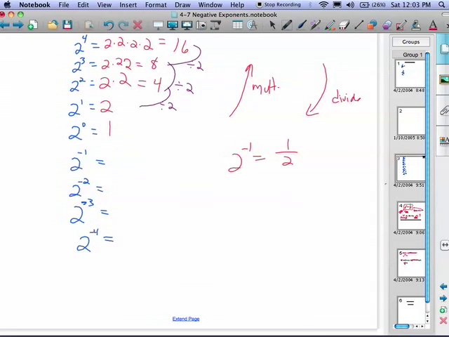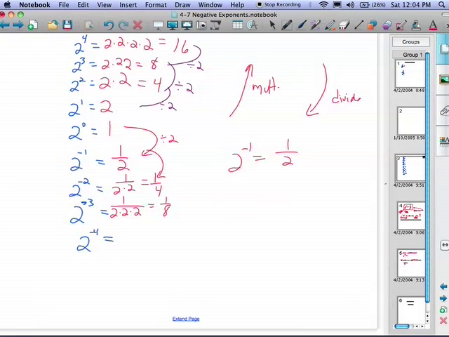It's 1/2. So moving down another level, 2 to the negative 2 power is going to be 1/2 divided by 2, which is actually 1/4, which is the same thing as 1 over 2 times 2. 2 to the negative 3 power is 1 over 2 times 2 times 2, which is 1/8.